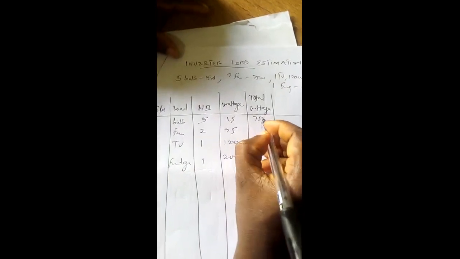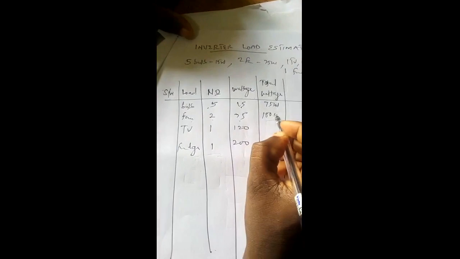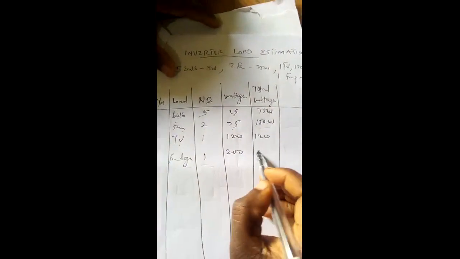Now we will calculate the total wattage. 5 bulbs that have 15 watts each, the total wattage is 75 watts for bulbs. Then 2 fans that are 75 watts each, that's 150 watts for fans. Then TV 120, then fridge 200.